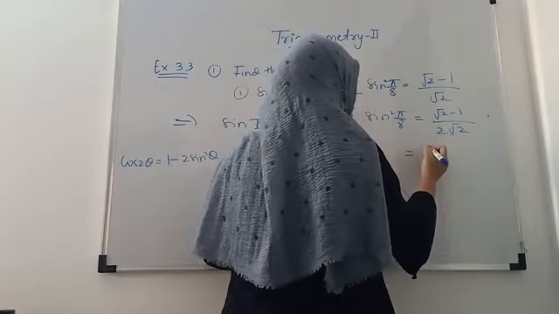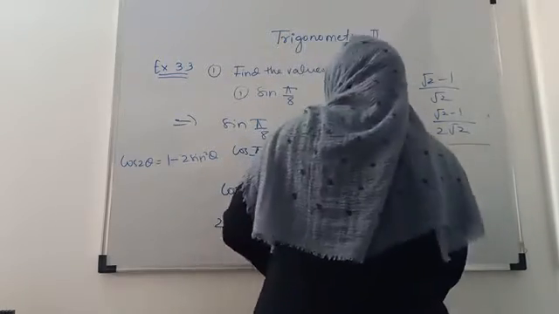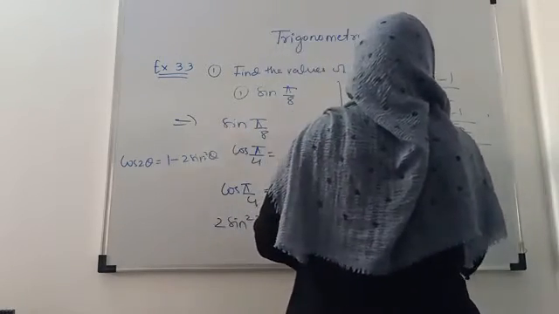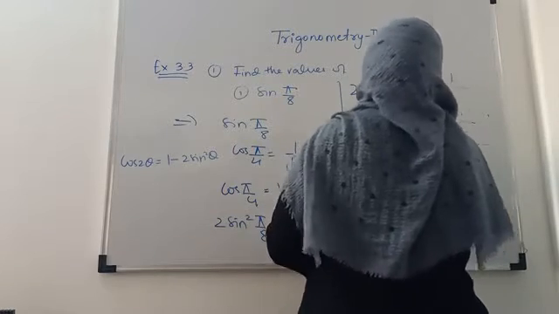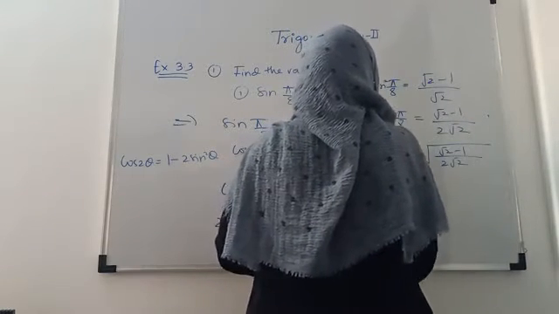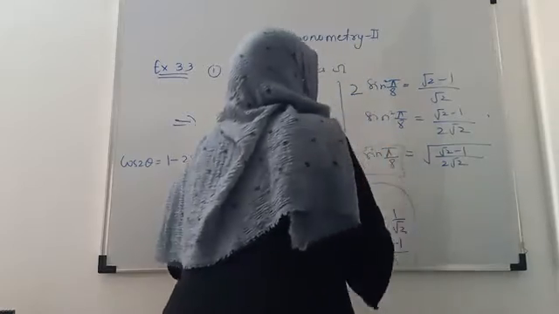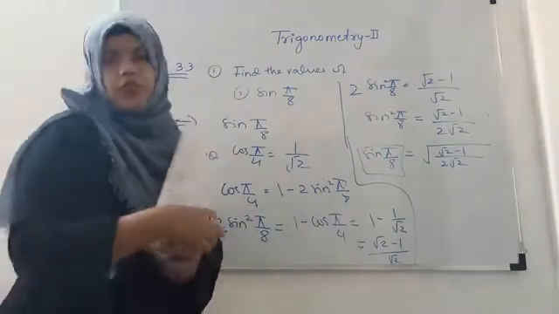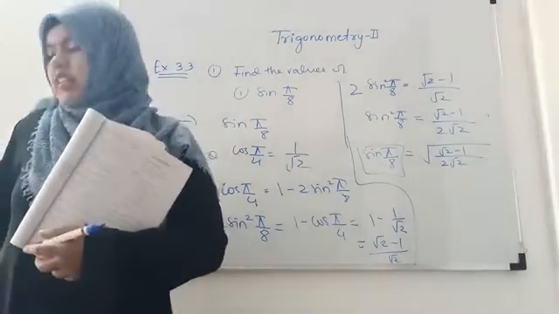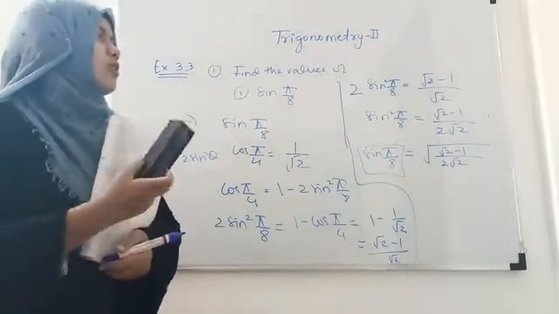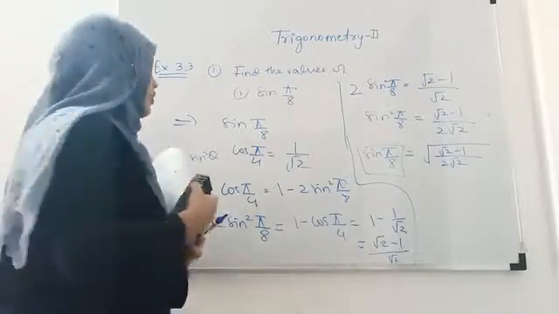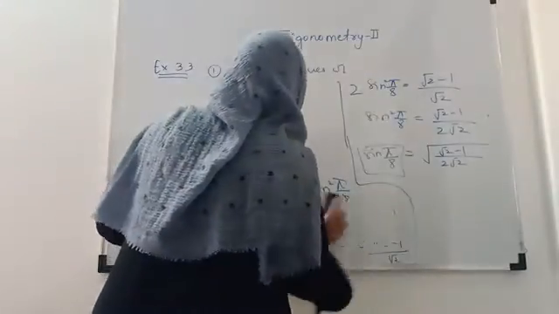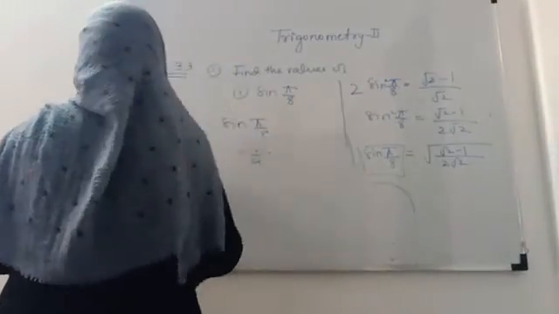So here it will be under root of root 2 minus 1 divided by 2 root 2. This is your sine pi upon 8. We have to take the square root as well, and the square root will be positive because all the angles are in the first quadrant.